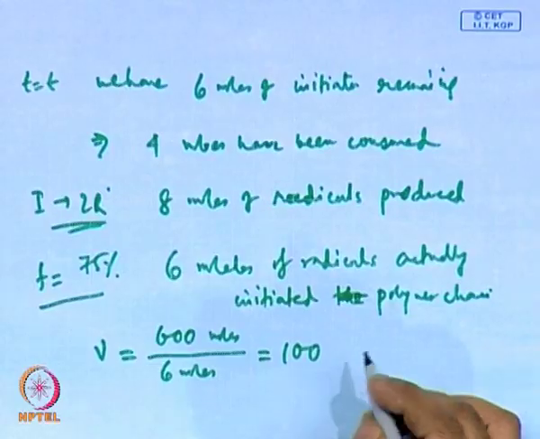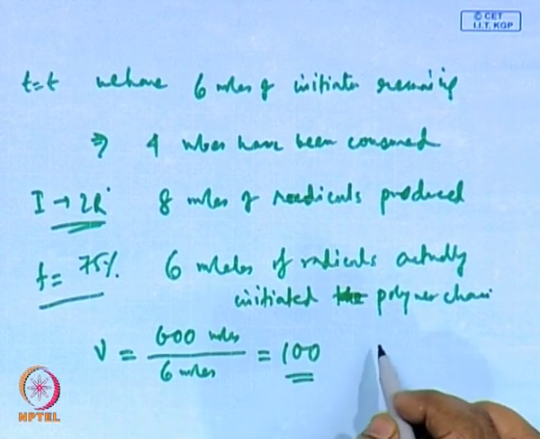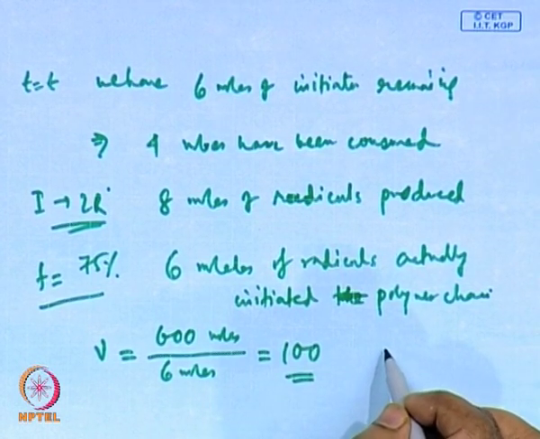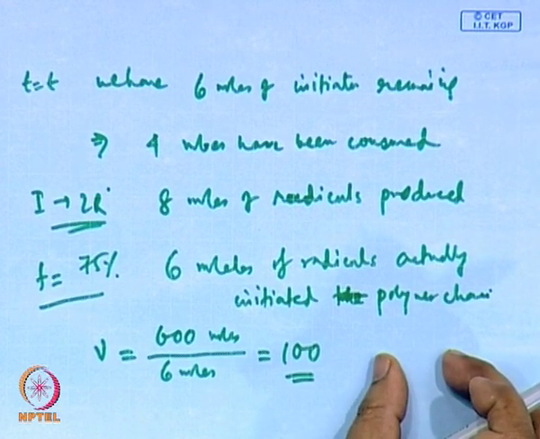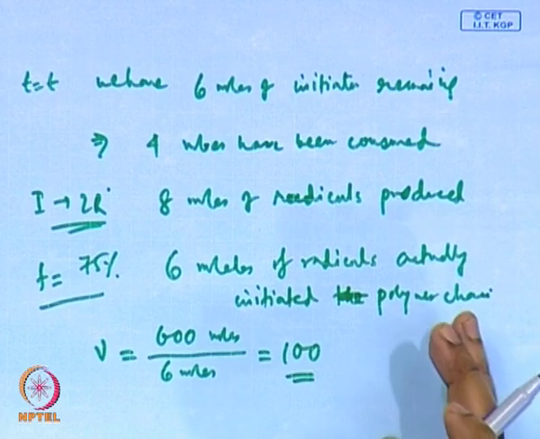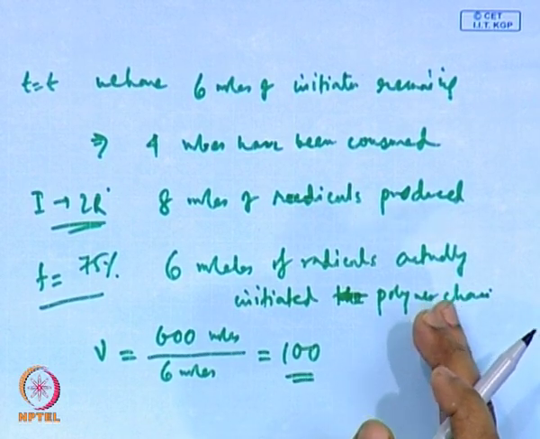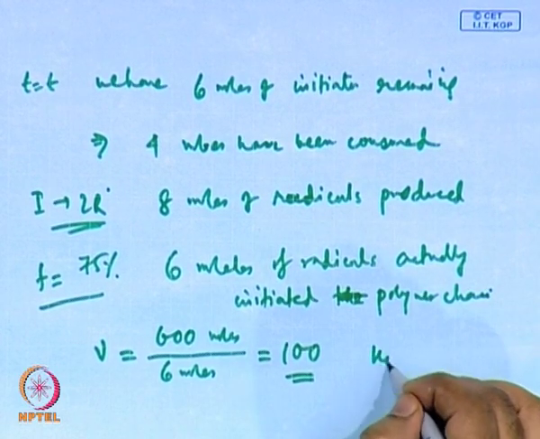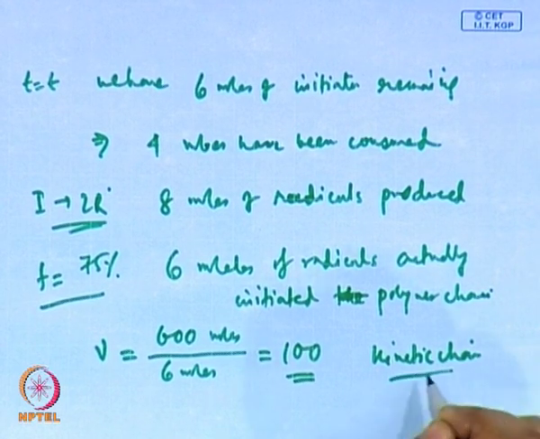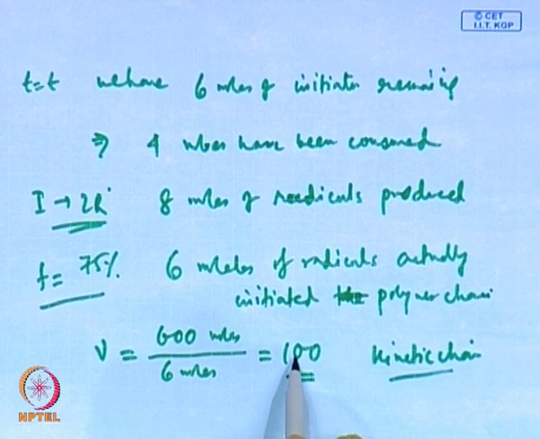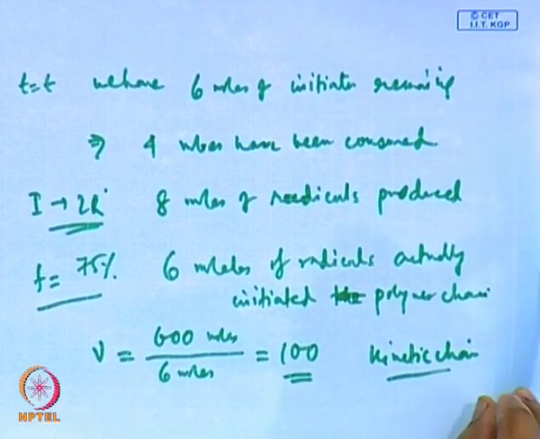So, it is clear that 100 means the number of monomers, on average, present in a polymer chain before it undergoes a termination reaction. We call that chain a kinetic chain. A kinetic chain has 100 monomers. Okay.